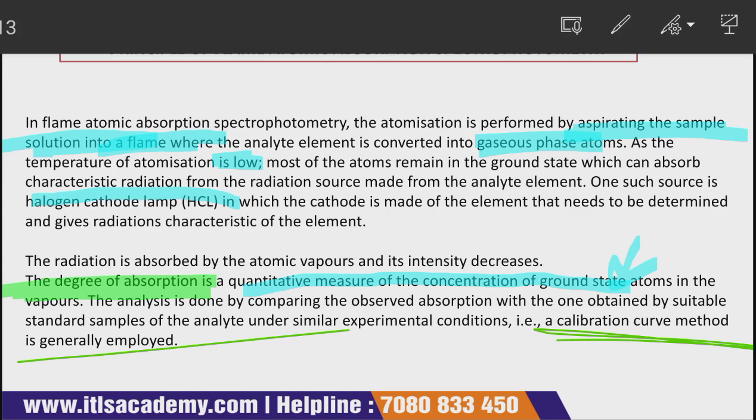During this combustion, atoms of the elements of interest in the sample are reduced to free or unexcited ground state atoms. Why? Because of the low temperature, most of the atoms remain in the ground state, and those atoms absorb the light at the characteristic wavelength.